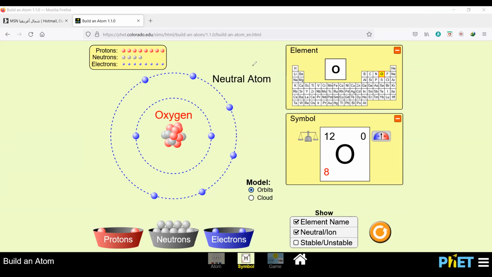Okay, can you say them again? The nucleus is positive because we have positive protons and electrically neutral neutrons.